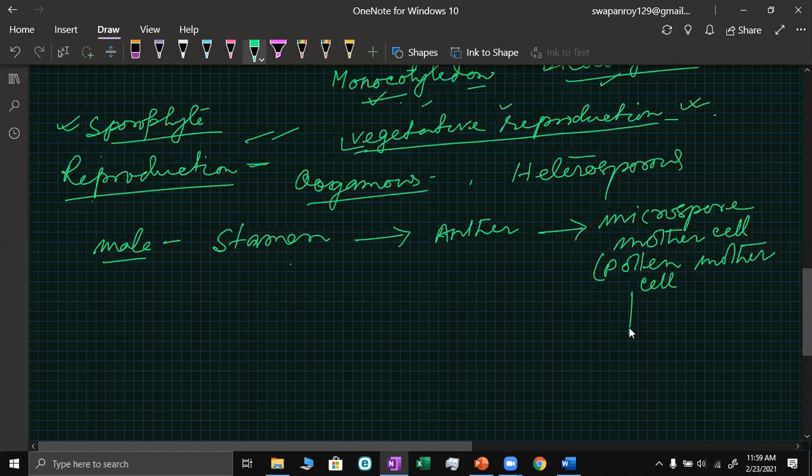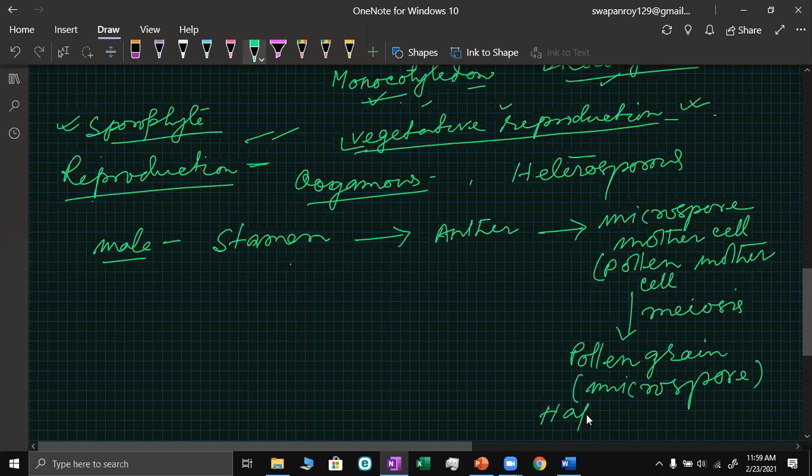This undergoes meiosis and produces pollen grain or microspore. And this one is haploid. So it is the stamen.